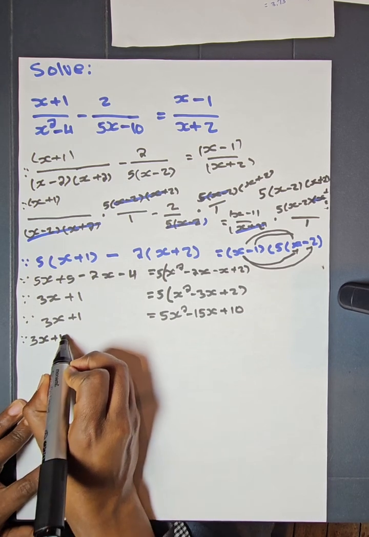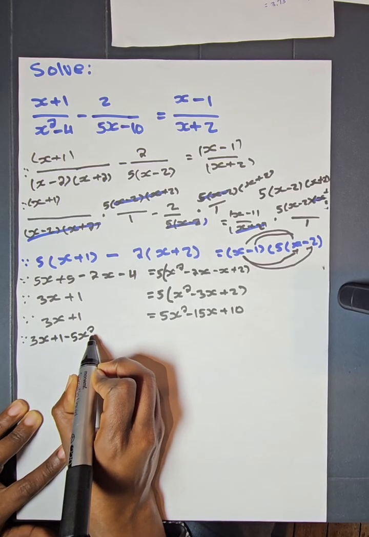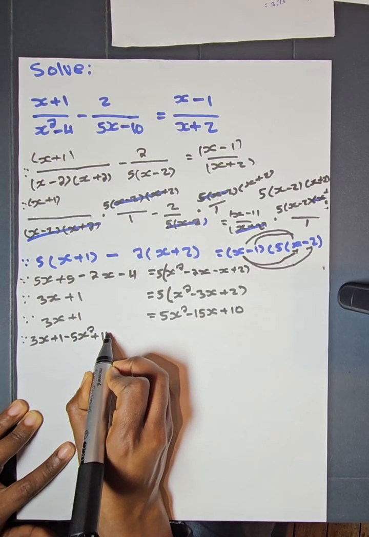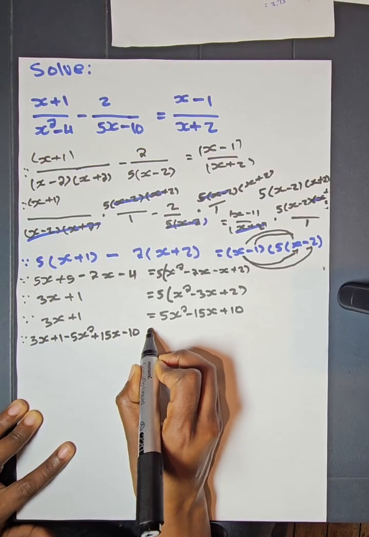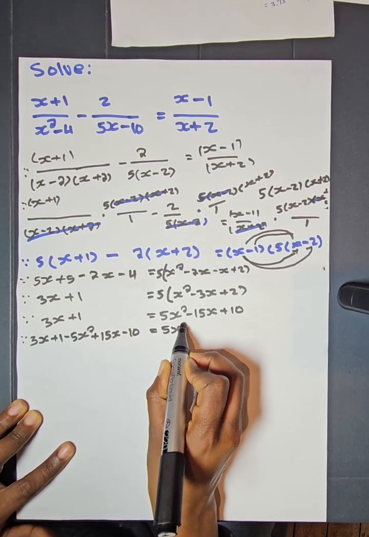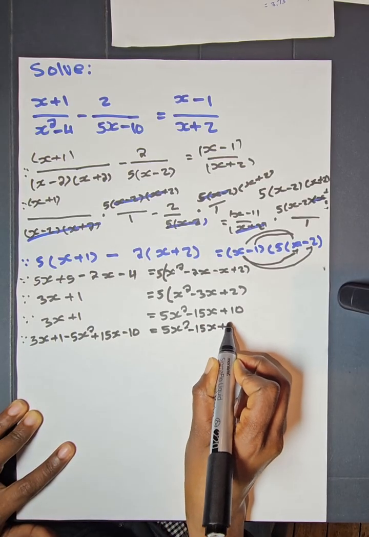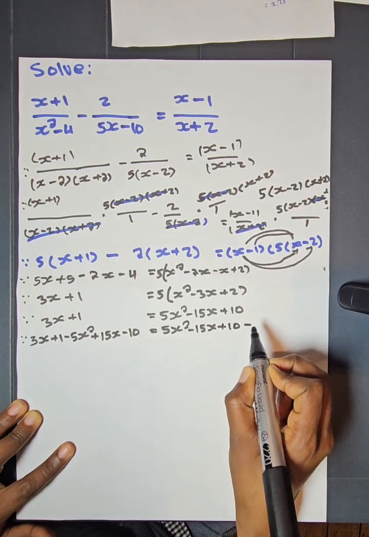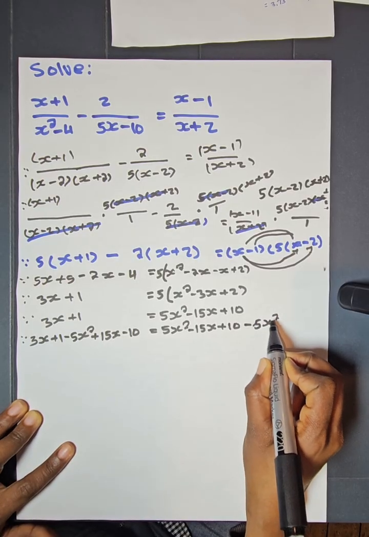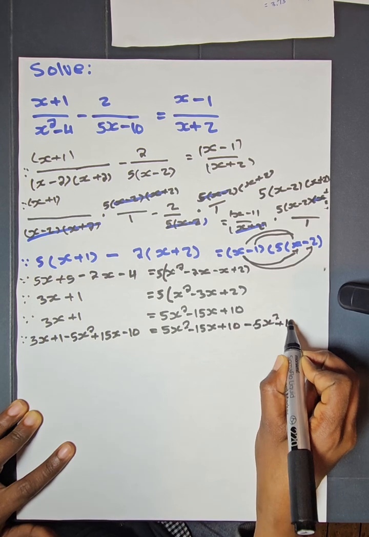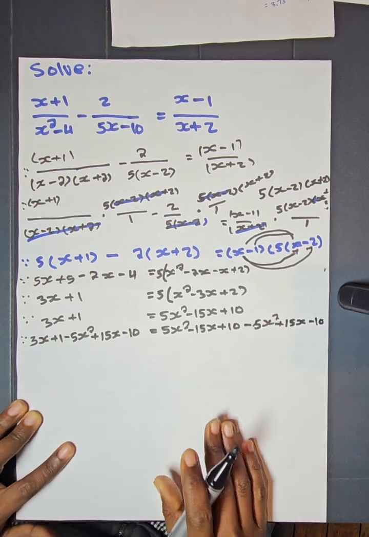3x plus 1 minus 5x squared plus 15x minus 10 equal to 5x squared minus 15x plus 10 minus 5x squared plus 15x minus 10.